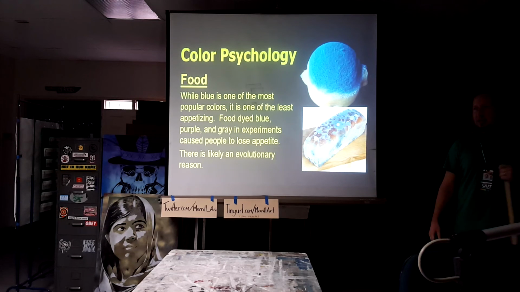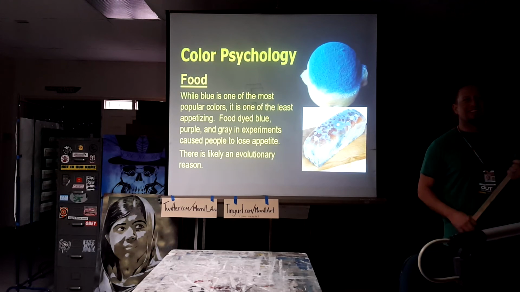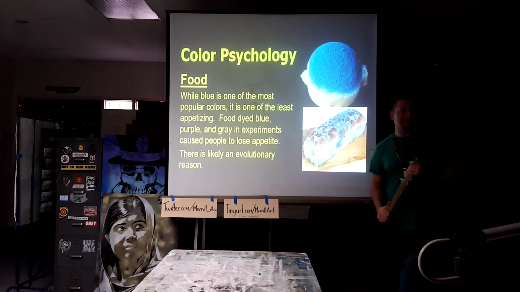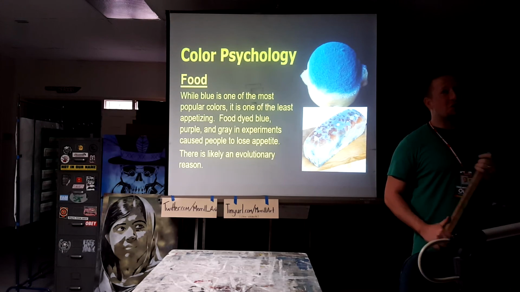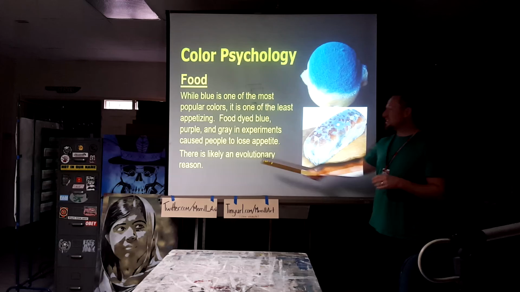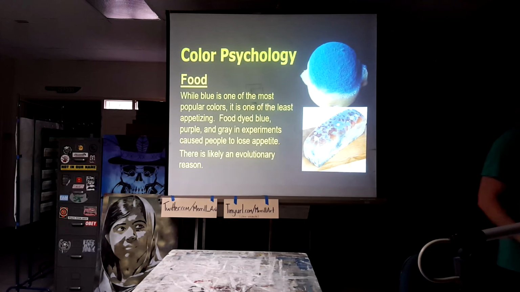They look down at the dead animal and it's blue and purple and gray. Now, is it in their best interest to drag that back to the cave and feed their families with it? No. There is likely an evolutionary reason we avoid those colors in food. Okay? Kind of important to our survival as a species.